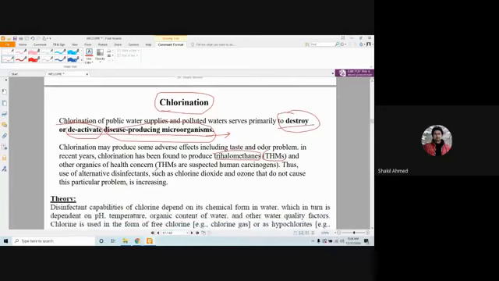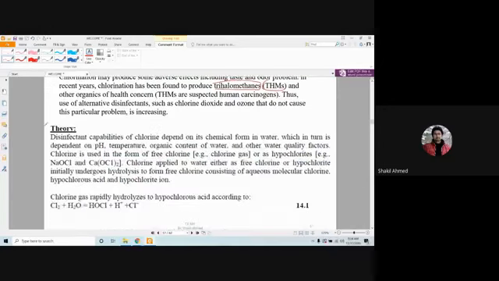Okay. Now, what is the theory behind disinfection using chlorine? Disinfection capabilities of chlorine depend on its chemical form in water, which in turn depends on pH, temperature, organic content of water, and other water quality factors.